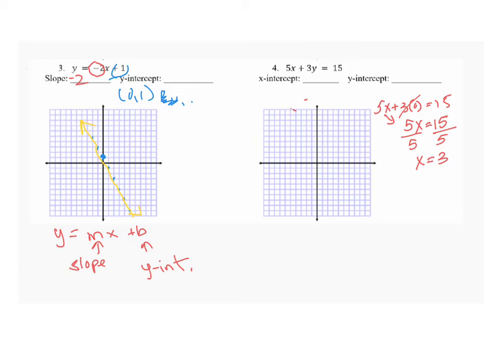I'm going to write it down below. X-intercept is 3, 0. How about y? Well, I'm plugging in a 0 for x now. So 5 times 0 plus 3y equals 15. That means 3y equals 15, which I want to know what 1y is, not what 3y's are. So I divide by the number in front of y, and I get y equals 5.